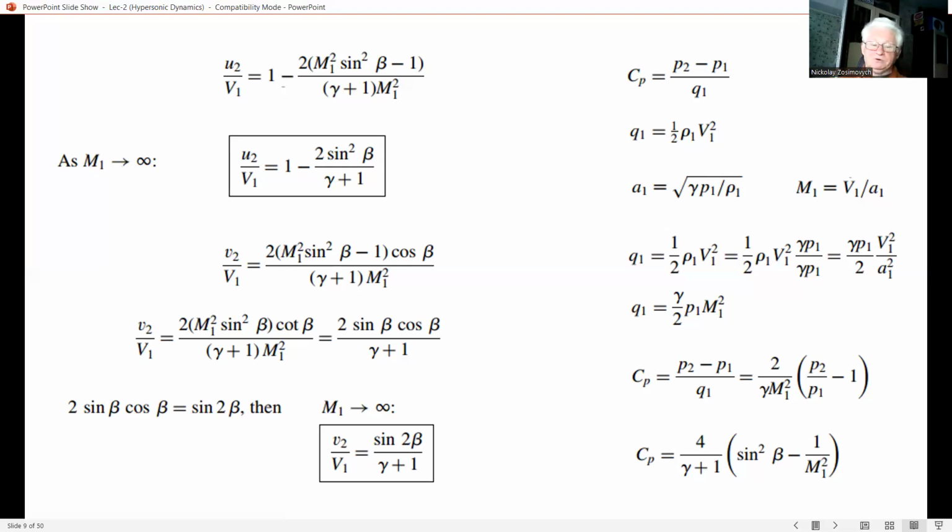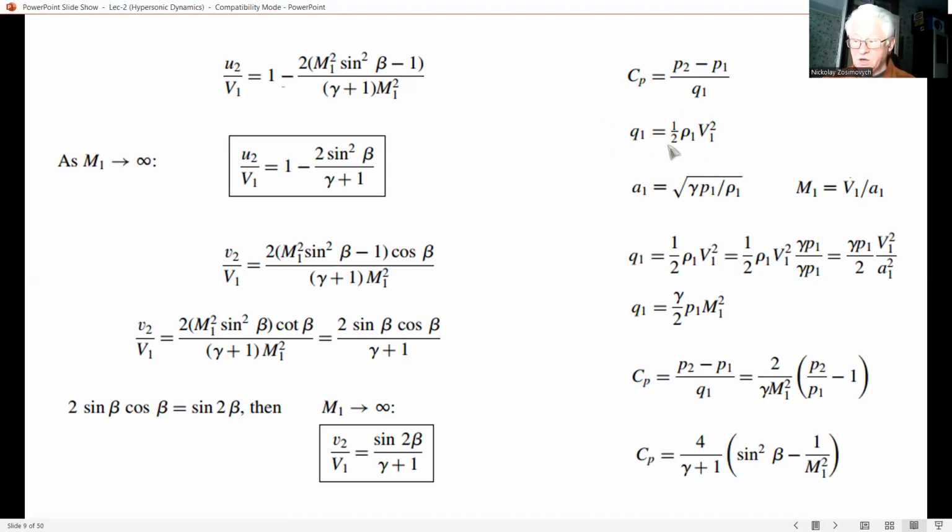In later modules, we will use the subscript infinity to denote free stream conditions, such as the free stream pressure and free stream dynamic pressure q. However, consistent with standard shock wave nomenclature, we denote the free stream condition by the subscript 1 in the present section.